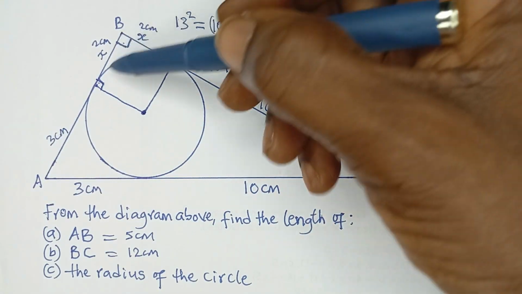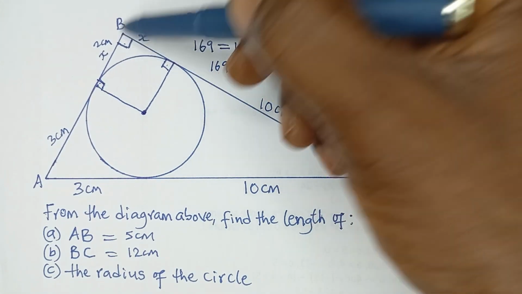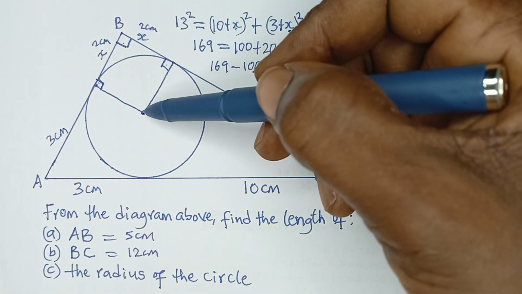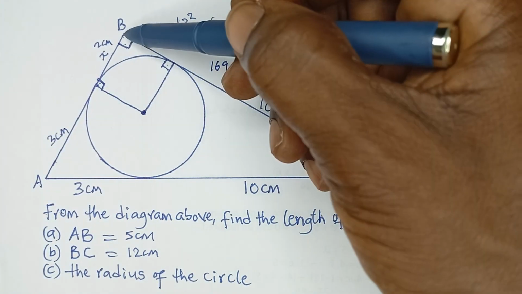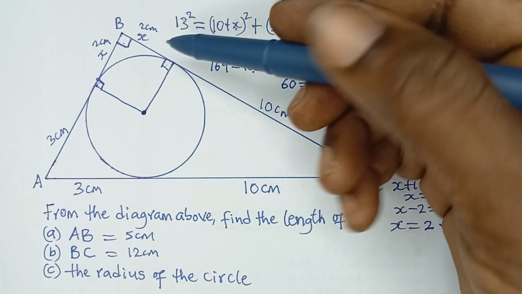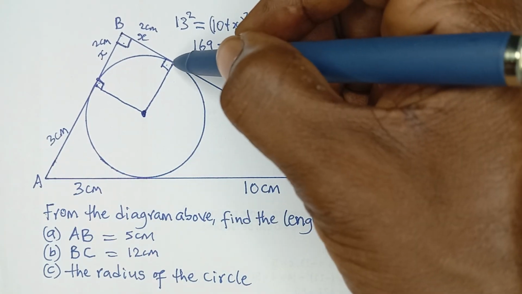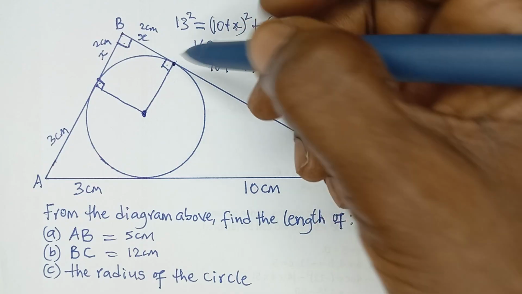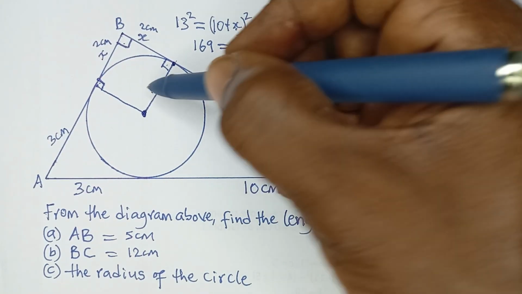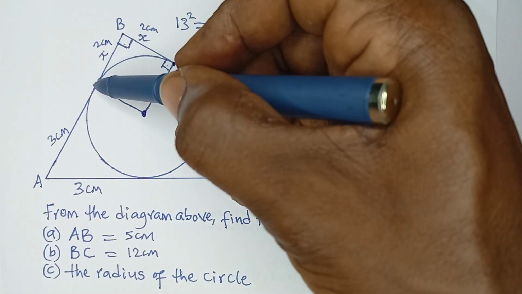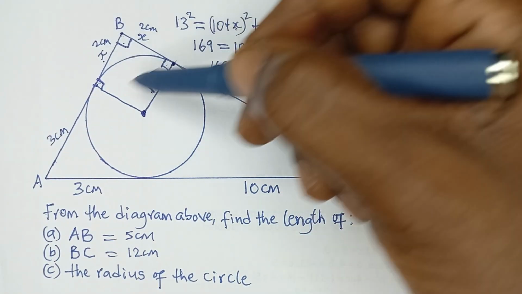So you agree that this shape is a square where you have x, you have x. This will also be x because the opposite sides of a square are equal. So if this is x, this side is also x. But don't forget that from the center of a circle to the circumference of the circle is the radius of the circle. And this radius of the circle, which is this length, is also equal to the value of x on this side, because the opposite sides of a square are equal.